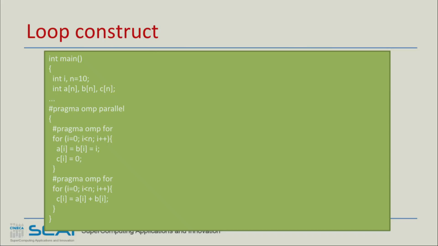So in this case, there is no race condition. Here there is another pragma OMP for, and here the parallel region is closed. So we don't need to declare I again inside the parallel region. A is a shared variable. B is a shared variable. C is a shared variable. The counter I is private by default because it's the iteration index.